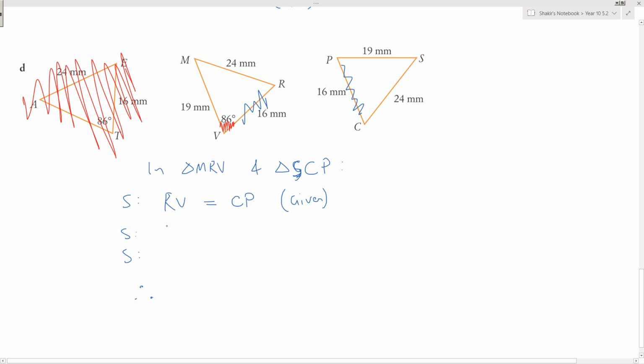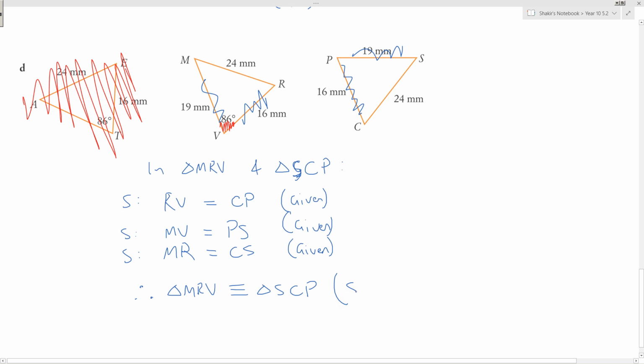MV is equal to PS because it was given. And then we have the 24 left over. So MR is equal to CS because, again, it's given to us. And therefore, triangle MRV is congruent to triangle SCP by virtue of SSS.